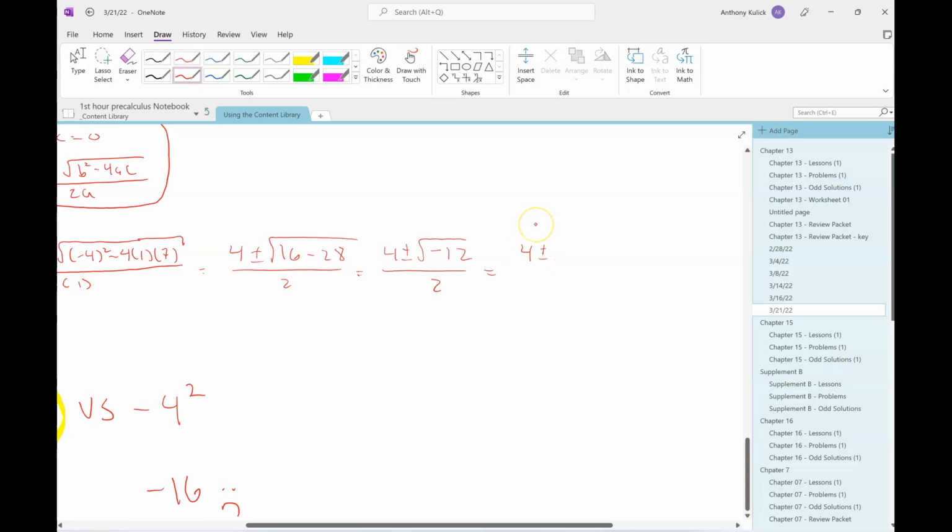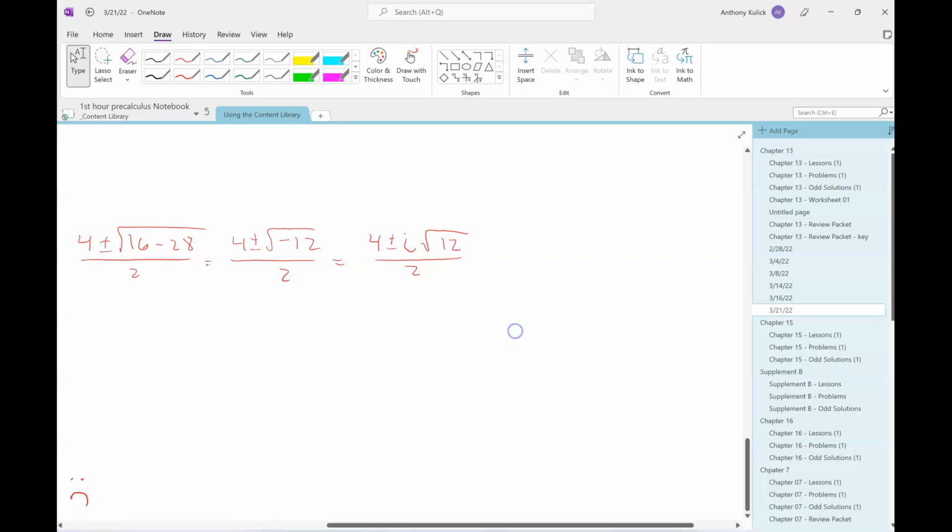Now what do we do with the negative under the radical? Makes an i. And then we should try to reduce that radical. I notice the square root of 12 can reduce. Who remembers how we reduce a radical?